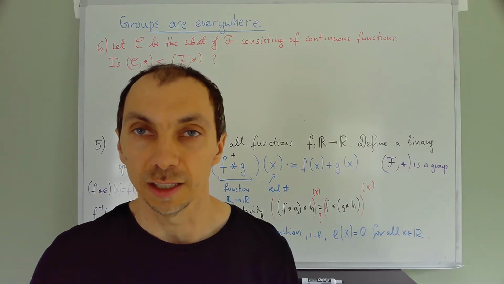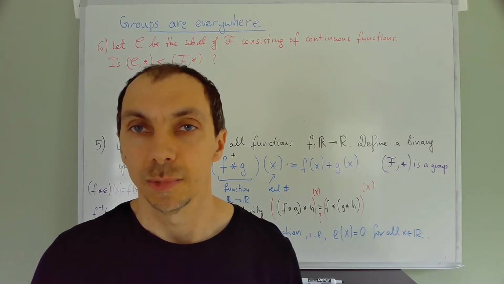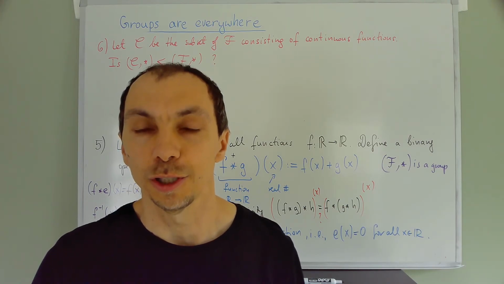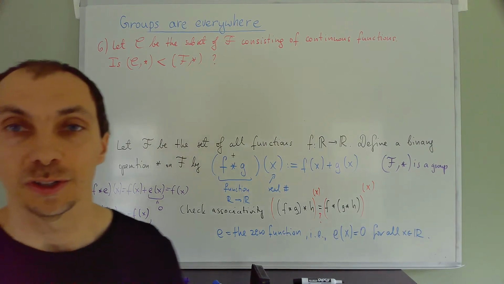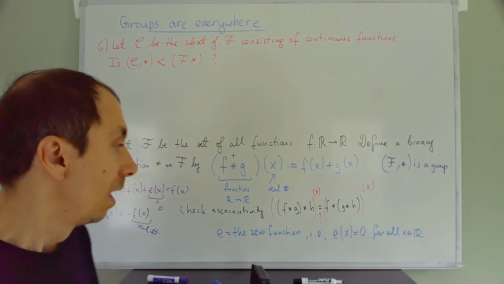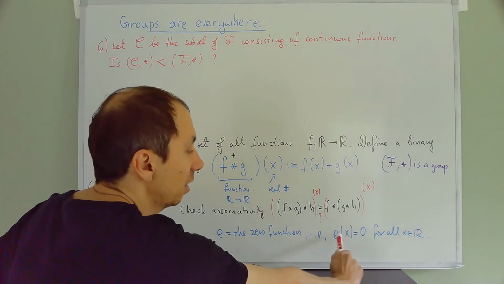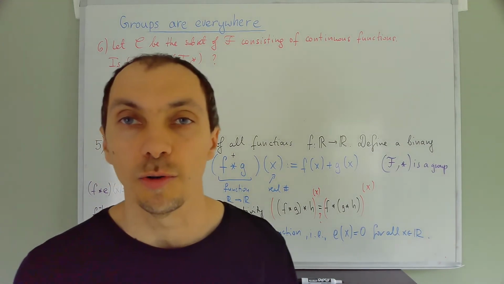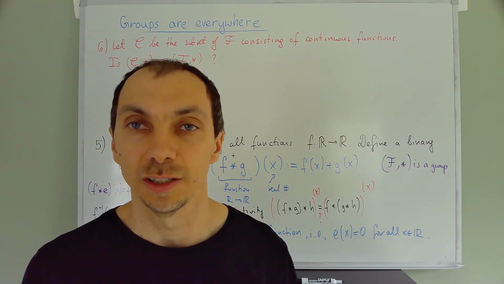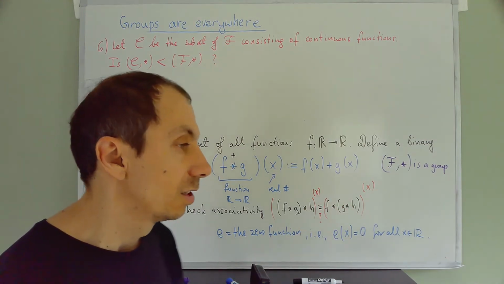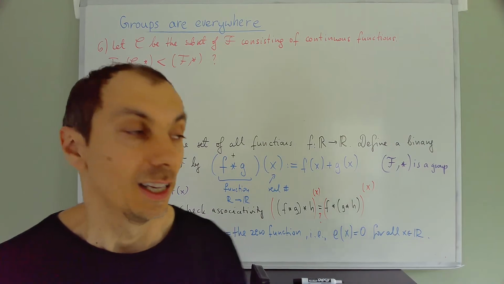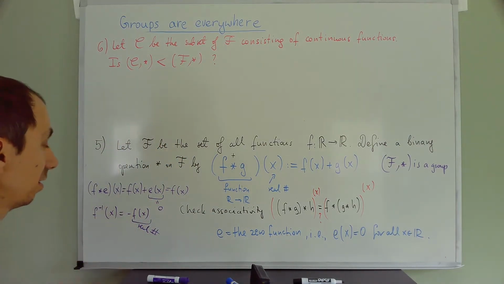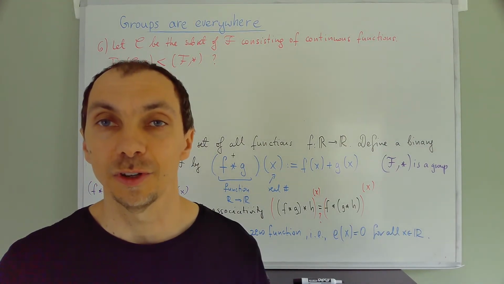Yes, you know that from calculus, maybe topology, analysis. The sum of continuous functions is continuous. Is this 0 a continuous function? Yes, constant functions are continuous. And finally, if I take the negative of a function, that's still a continuous function.